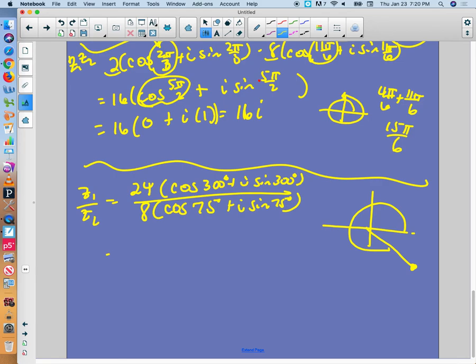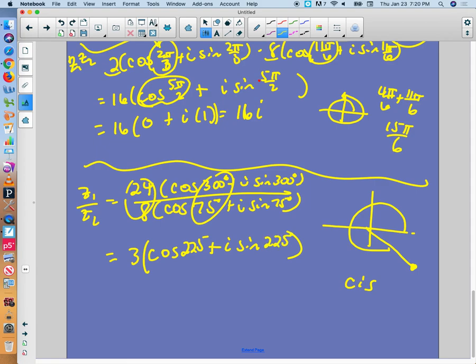Good news here: to divide, divide your radii and subtract your angles. Cosine, i sine. Oh, by the way, sometimes it's called cis, cosine i sine. So if you say 300 minus 75, you get 225.